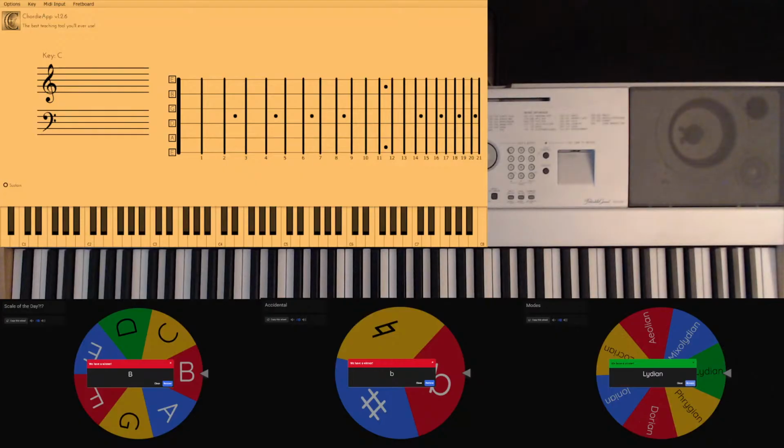Thank God. I thought we are going to draw Locrian one more time. Maybe then I really would have become somewhat superstitious.